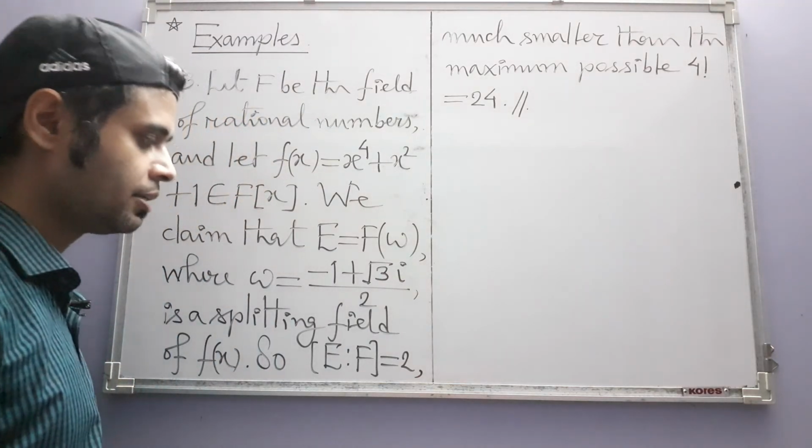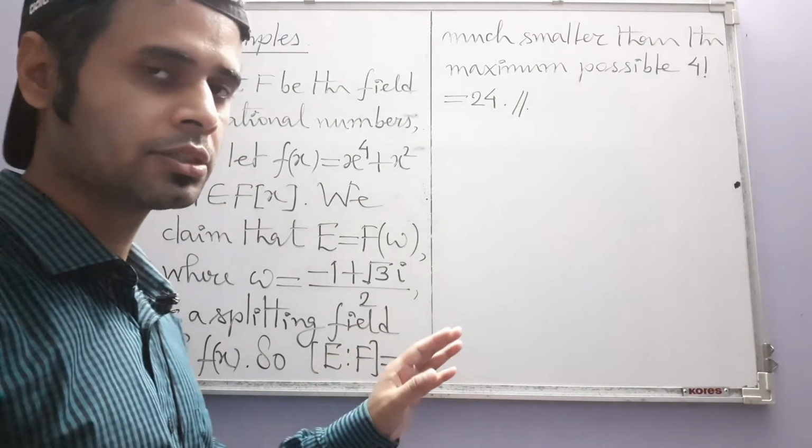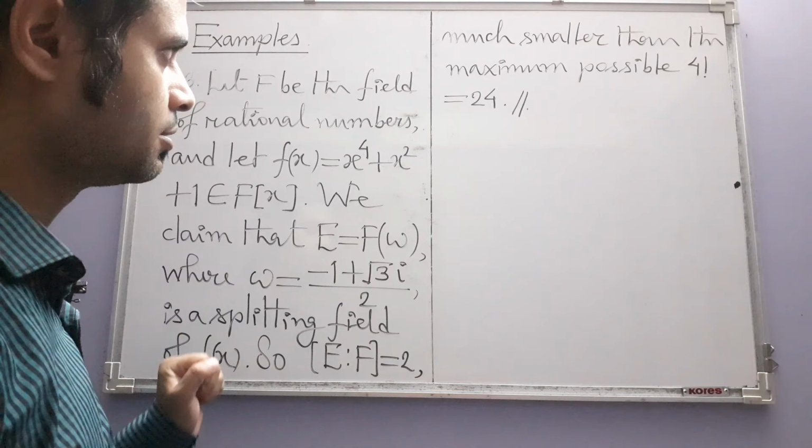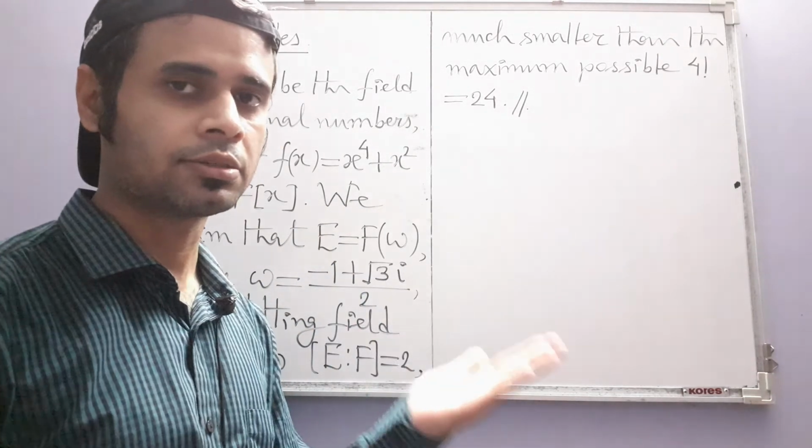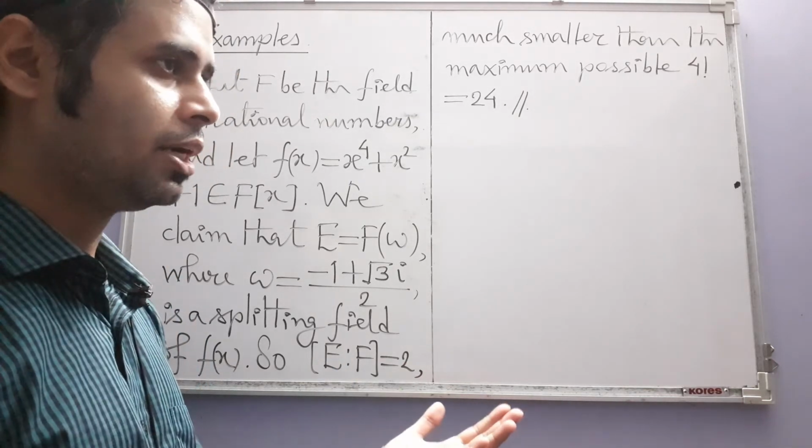Let me also remind you of one thing that the author mentioned somewhere among all these things, that this upper bound of n factorial cannot be made sharper.